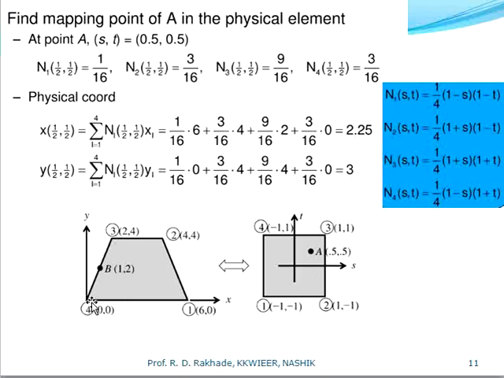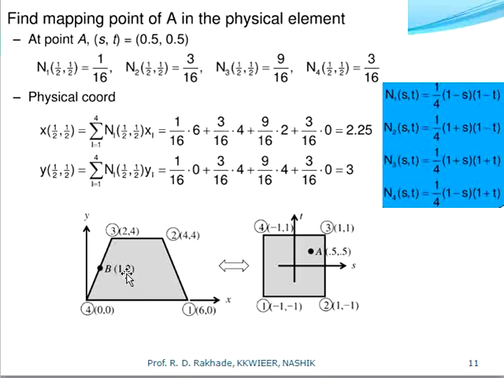So this is for natural coordinates, this is our reference point 0, 0. For local coordinates, this is our reference point 0, 0. So we can measure x from here, 2.25, and y, 3, from here. So somewhat 2 and 3.